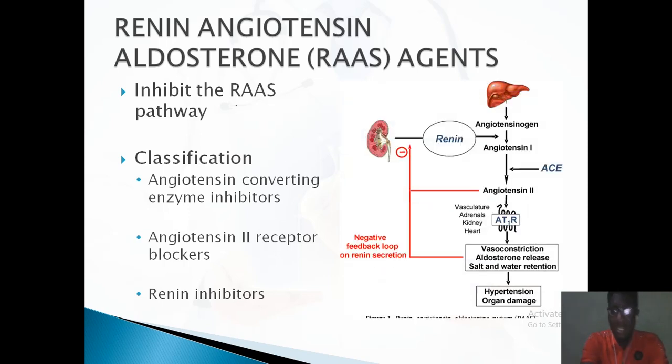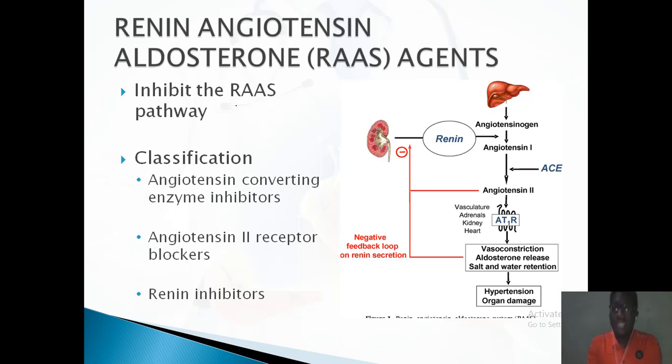So I've got a diagram here. Angiotensinogen is converted to angiotensin 1 by renin, and angiotensin 1 to angiotensin 2 by angiotensin converting enzyme. So angiotensin 2 does all the work. It does all the vasoconstriction. It also stimulates the release of aldosterone, all the sympathetic effects, increasing blood pressure.